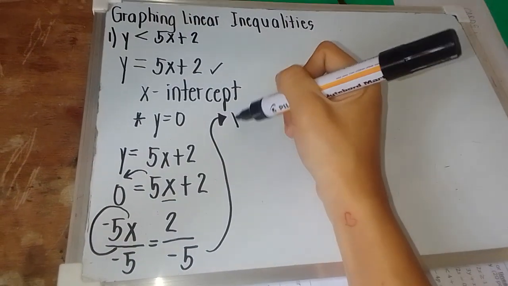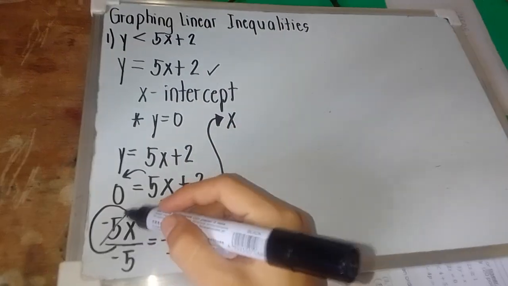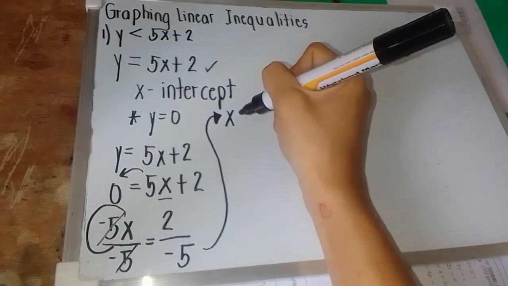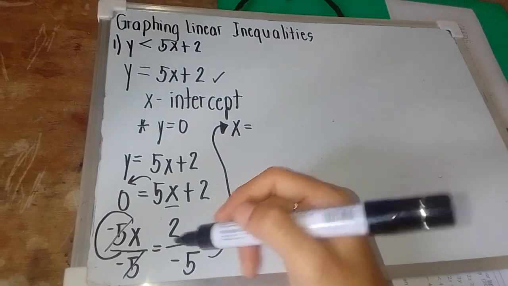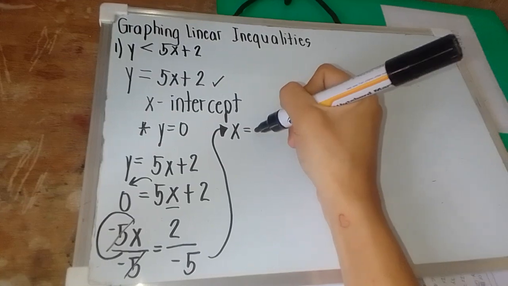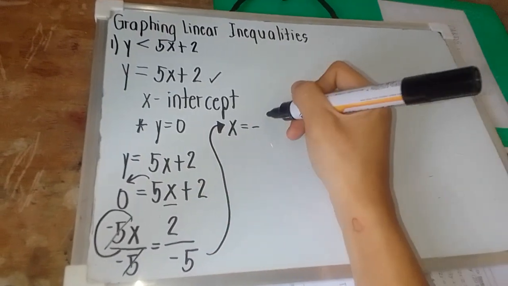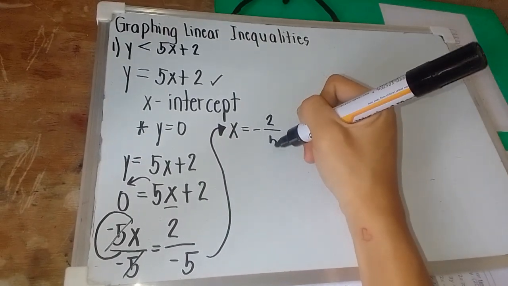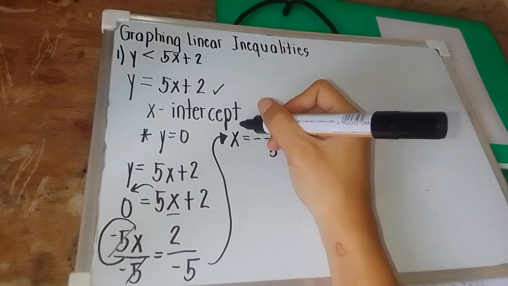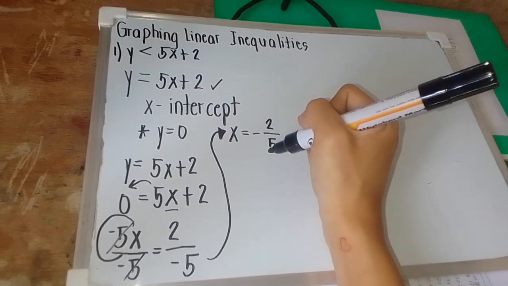So only x remains, or in short, the coefficient cancels. Then equals, on the right side, positive divided by negative is still negative. 2 over 5 cannot be reduced, so it stays as is. So, your value of x is negative 2 over 5.